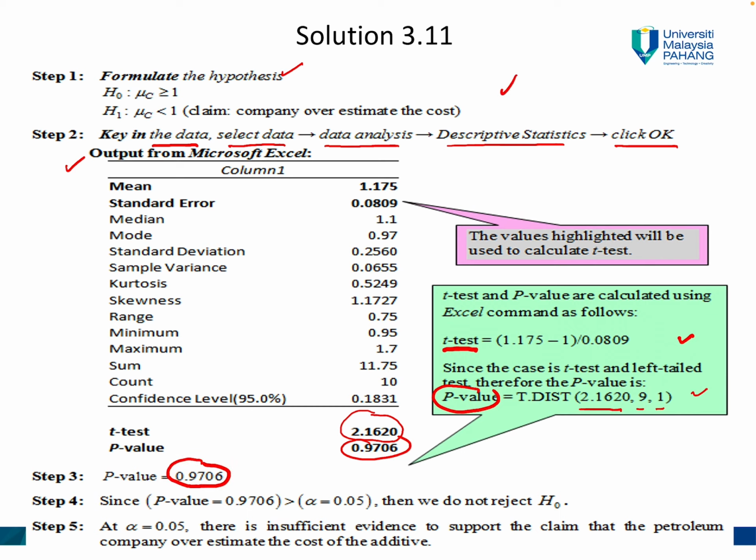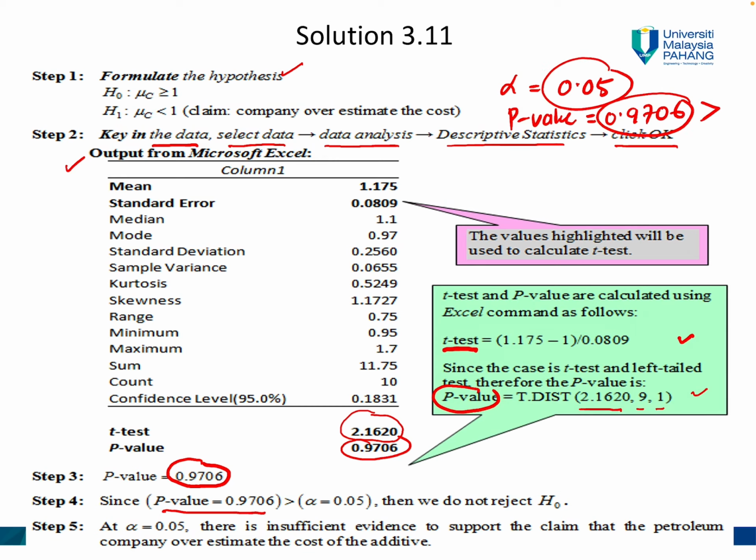So now the p-value is 0.9706. Your alpha is 0.05. Your p-value is equal to 0.9706. Reject or accept H null? Accept H null. Why? Because 0.9 is greater than 0.05.